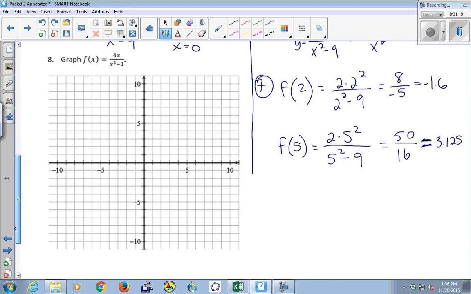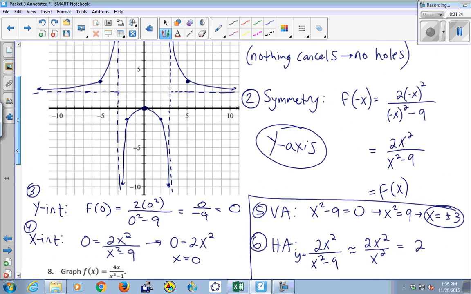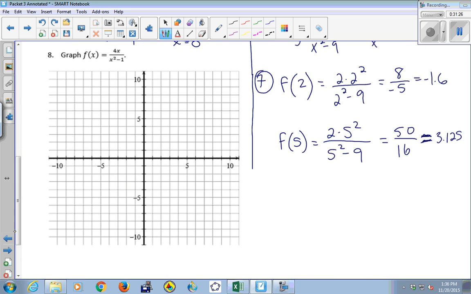All right, let's look at our next example. I think we have one more together, and then I'll let you try some. Okay, I have 4x over x squared minus 1. Step 1 was make sure everything's reduced as much as possible.